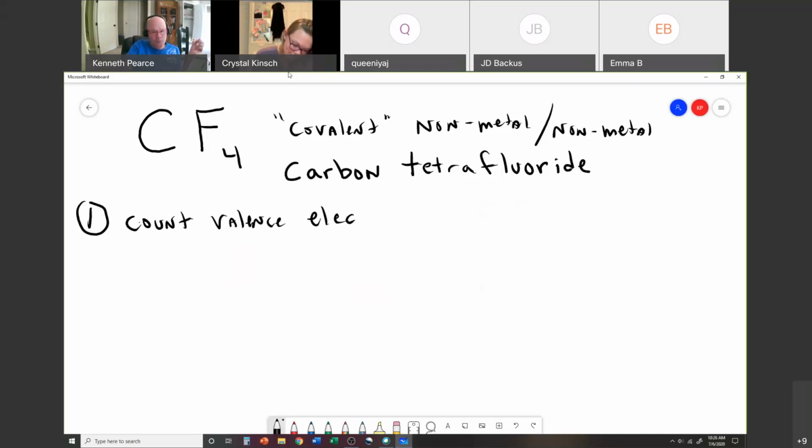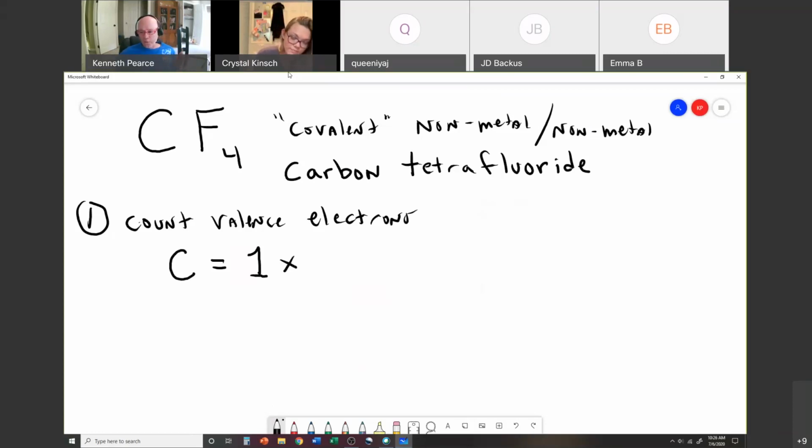All right, so how many valence electrons do we have? Well, what we do is we just work our way left to right. First off, we say carbon. How many carbons do we have? I have 1. How many valence electrons does carbon have?